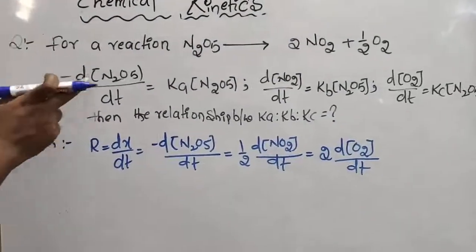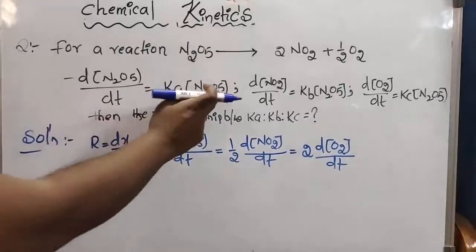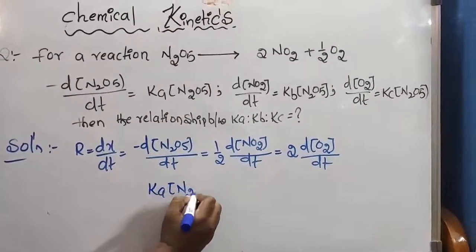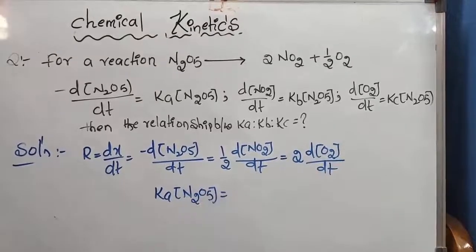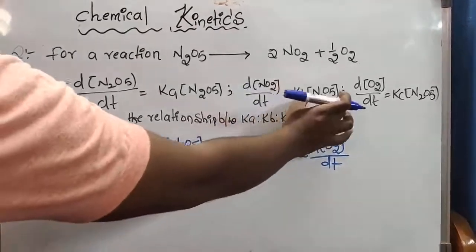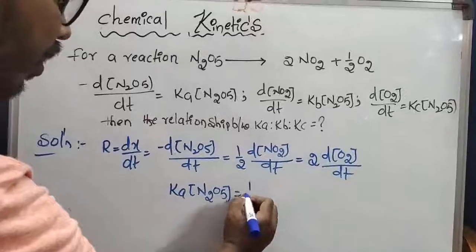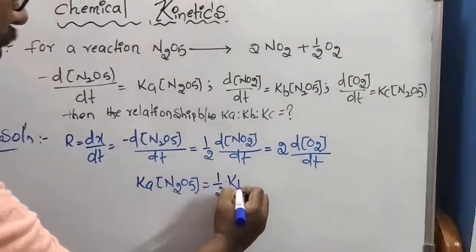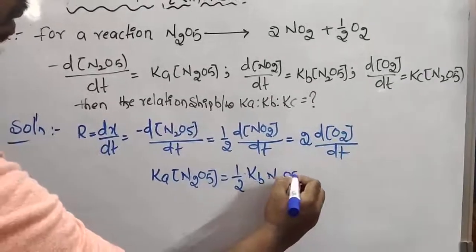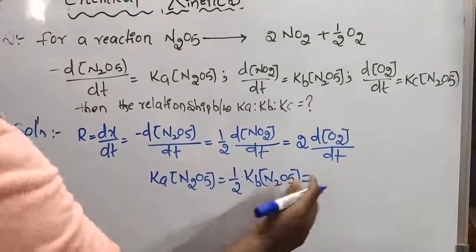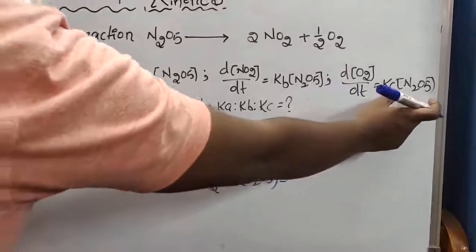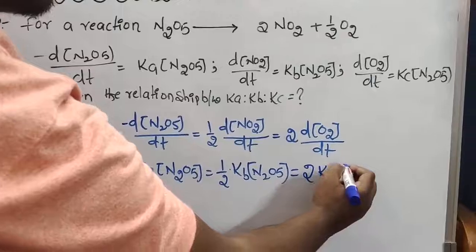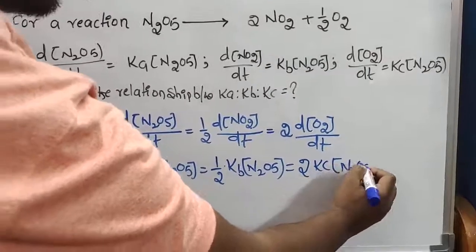So here d[N2O5]/dt equals Ka[N2O5], and d[NO2]/dt equals Kb[N2O5], that means I am taking 1 by 2 Kb[N2O5], equal to, and d[O2]/dt equals Kc[N2O5], so 2 Kc[N2O5].